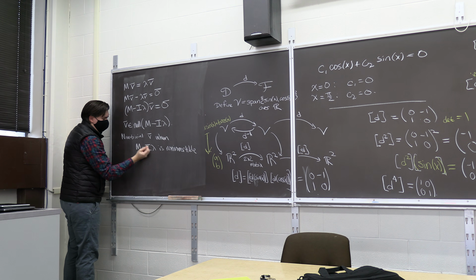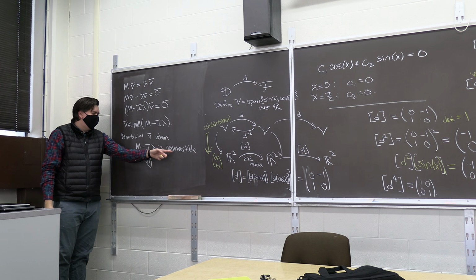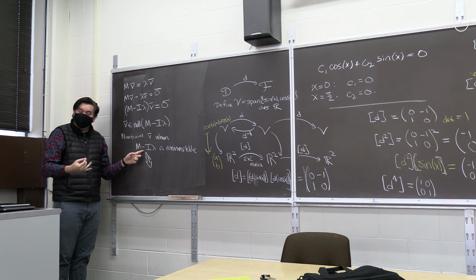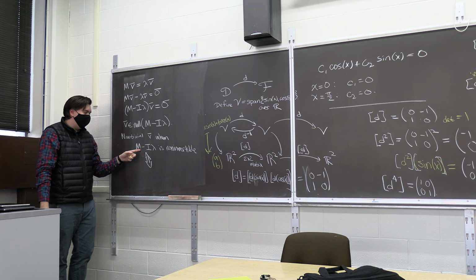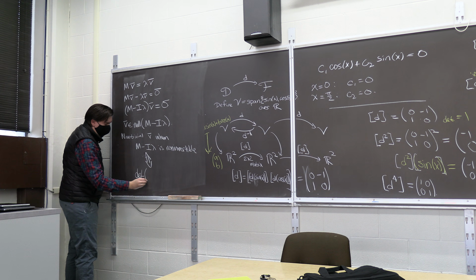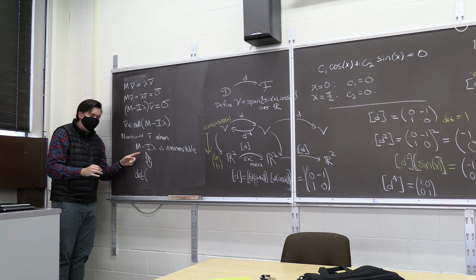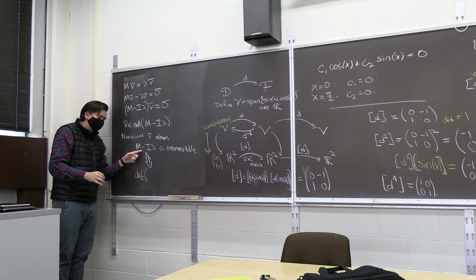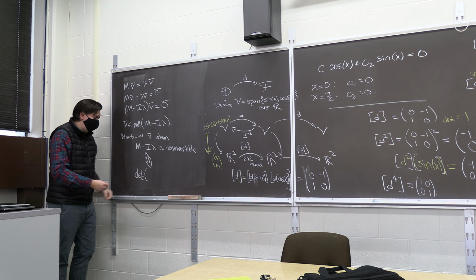Which is the same as saying, let's think, I'm invertible when my derivative is non-zero. So to be non-invertible, my derivative must be 0. Sorry, did I say derivative? I'm invertible when my determinant is non-zero. So I'm non-invertible when my determinant is 0.